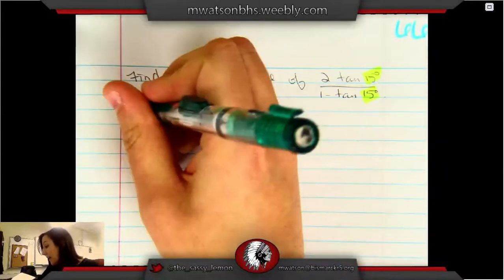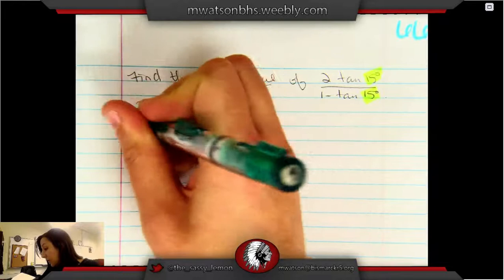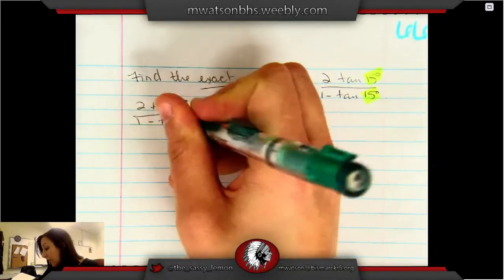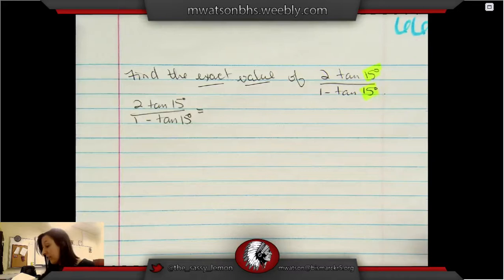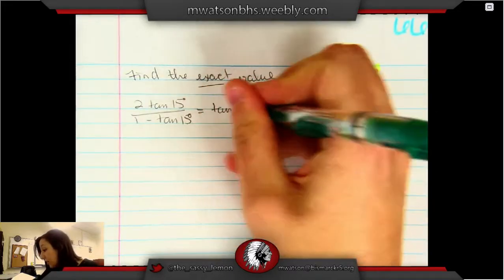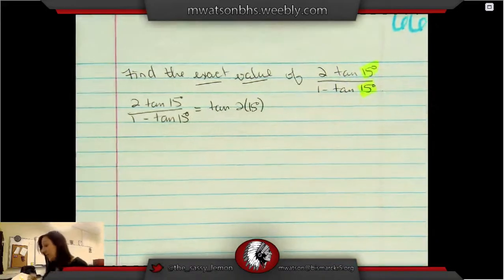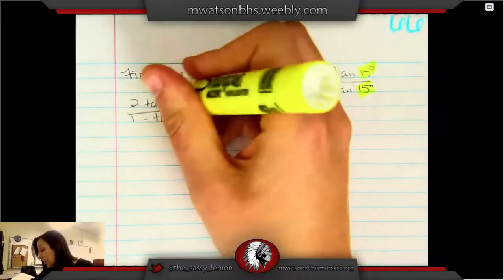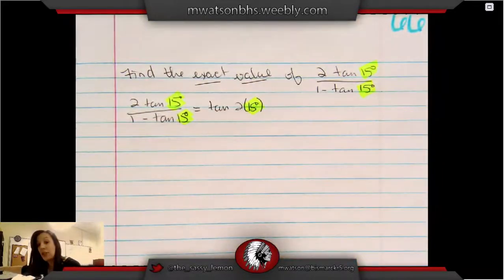I can say that 2 tangent of 15 degrees over 1 minus tangent squared of 15 degrees is equal to, working in reverse, tangent of 2 times, and my theta was 15. So all I did was work the formula in the opposite direction of what seems natural. So we're bringing things together instead of making it more complicated.